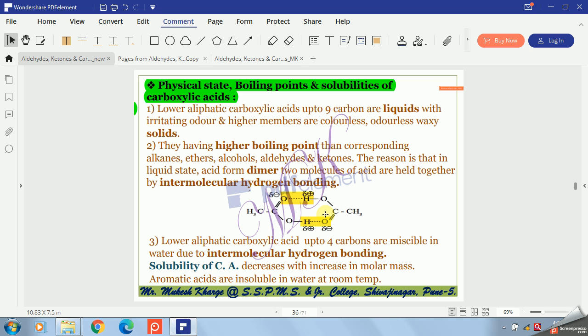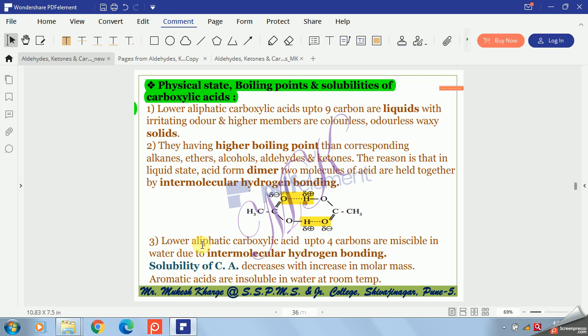Such type of dimerization is not possible in case of alkanes, ethers, alcohols, aldehydes and ketones. Even though alcohol contains hydrogen bonding, it has no such dimerization, and that's why the boiling point of carboxylic acid is greater than that of alcohol also.